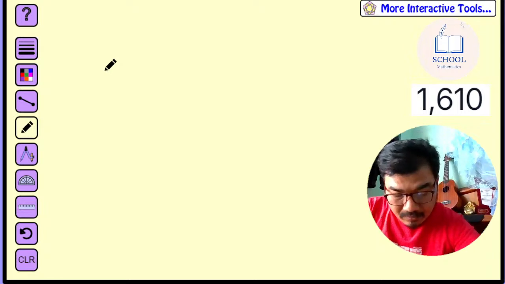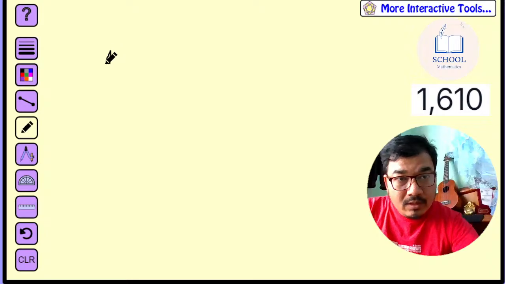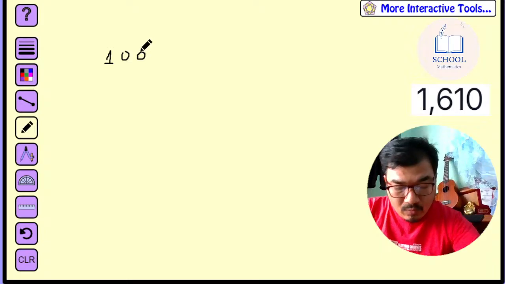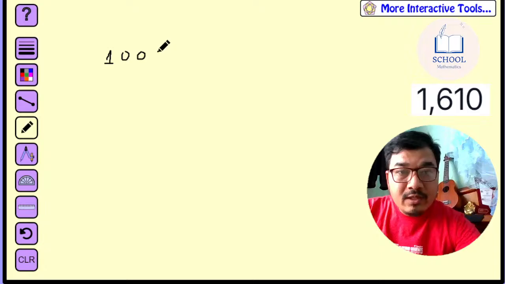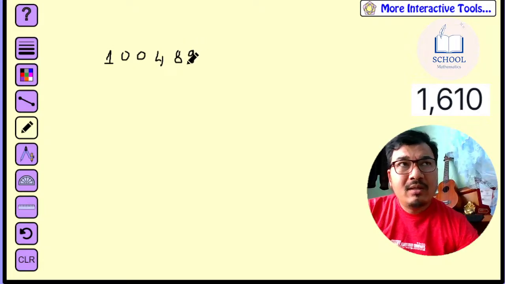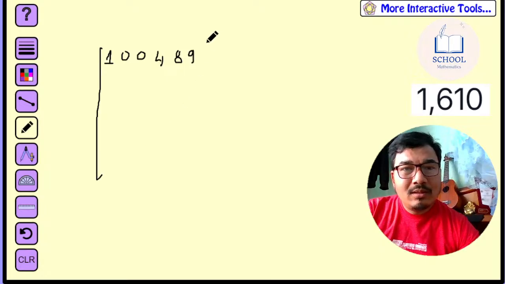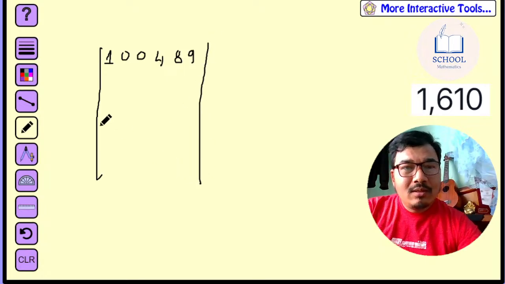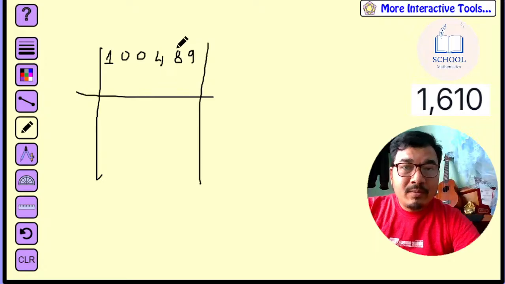Okay, this is 1 0 0 4 8 9, and we have to draw lines here and here, and first make the pairs of the digits from right to left.